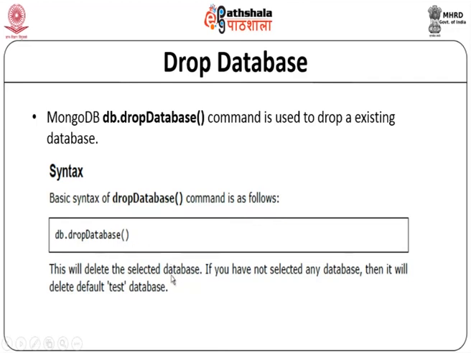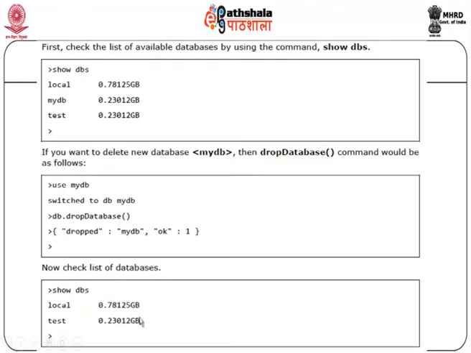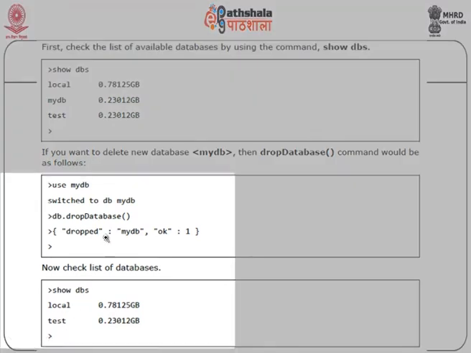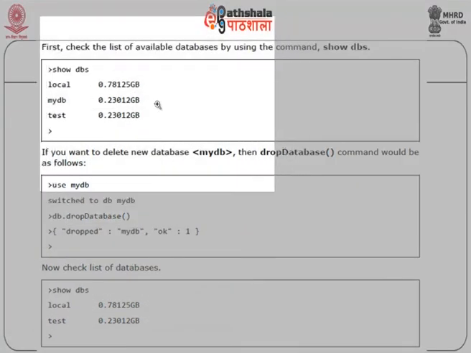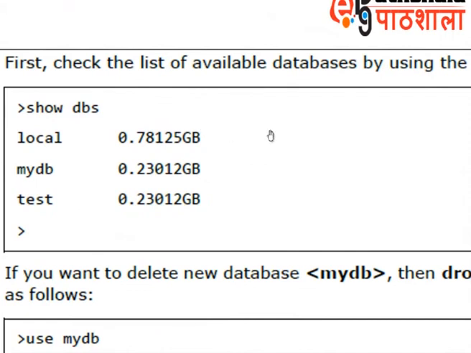This will delete the selected database. If you have not selected any database, then it will delete the default database called test, which is the default database in the MongoDB environment.